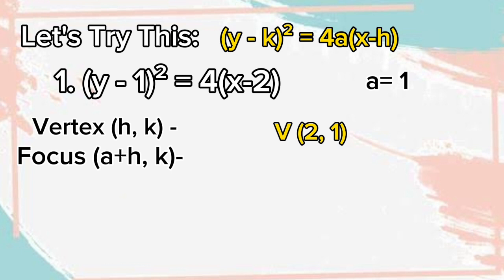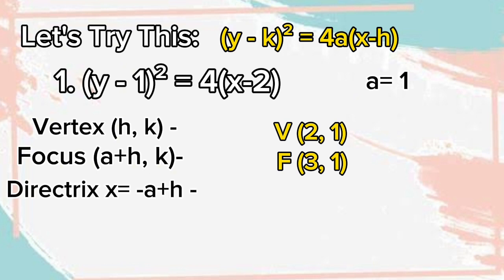Since we have the values of our h and k, we are now able to compute this and find out the value of our focus. So our a is 1 and our h here is 2. So 1 plus 2 is 3. Then the value of our k is 1. So our focus would be 3 and 1. See, that's how easy it is to find if we know the formula.